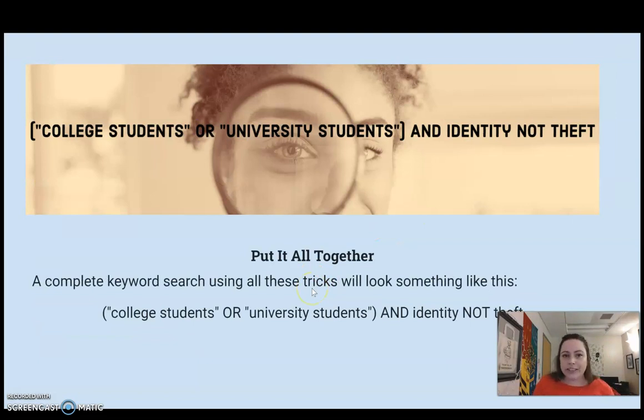And then once you have a string and you've figured some stuff out, you can try putting it into a complete search. So you have exactly what we've done: parentheses, college students or university students, and identity, not theft. And hopefully that will bring you some sources that would be helpful for you.